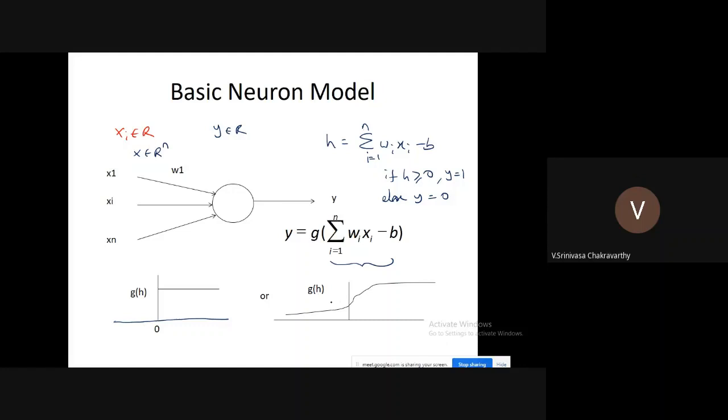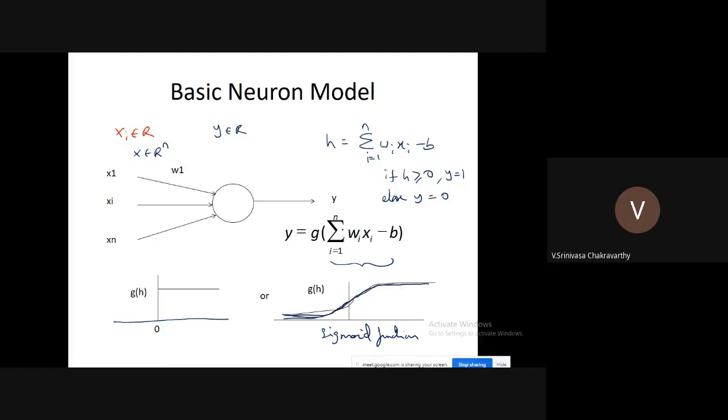Later on, I'll talk about this sigmoid function, which is a variation of this, where it's not a step but a smooth version of it. We'll see that later, why you need this and all that.